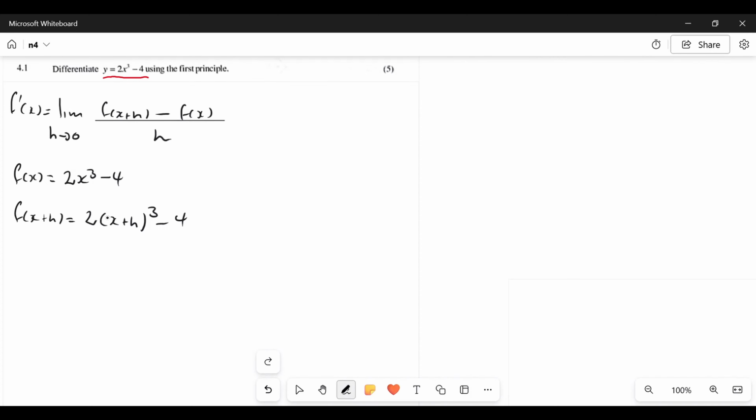In order for us to factorize it, we need to use the binomial theorem. So let's continue. f of x plus h is going to be equal to 2. Instead of substituting immediately, how about you write the formula of the binomial theorem?